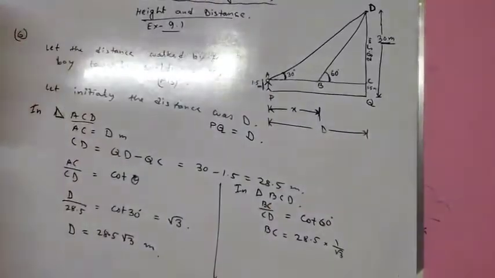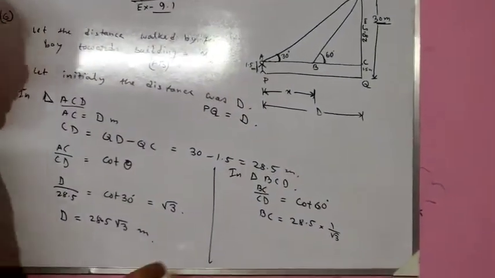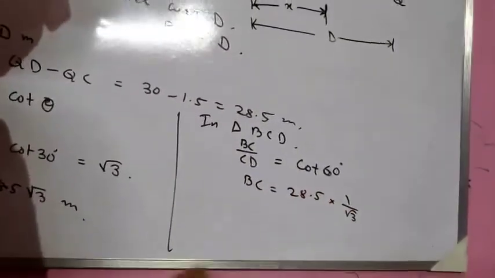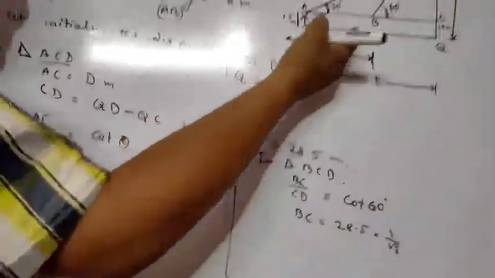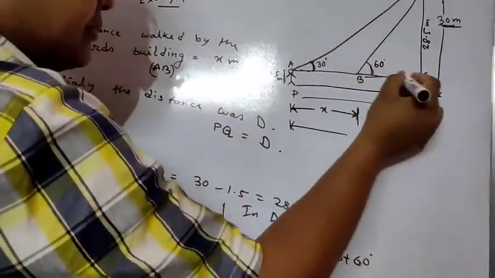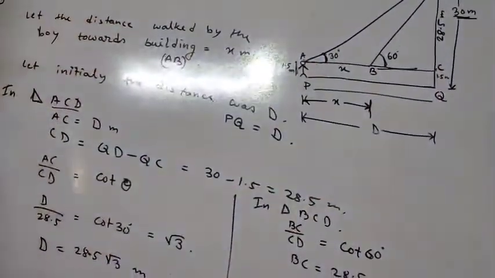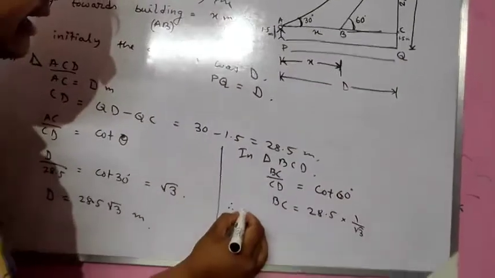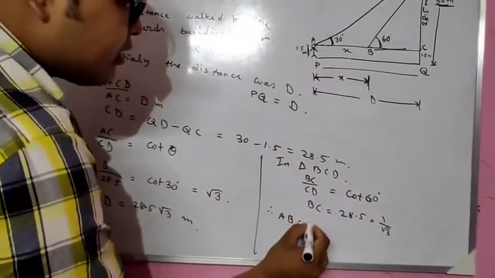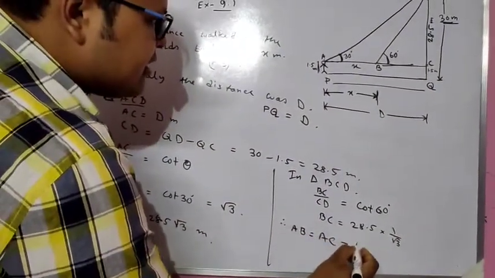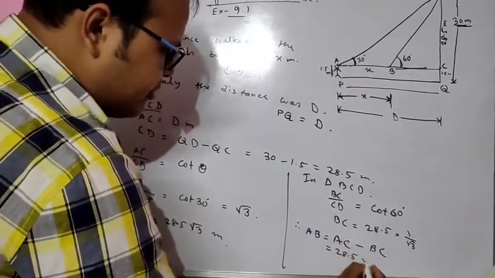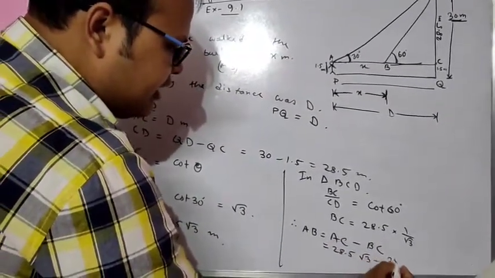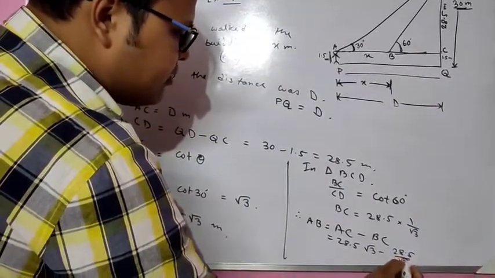Here cot 60 and tan 30 degree have the same value. So 28.5 by root 3 is the value of BC. Now if we have this complete distance and this BC, we can definitely find this x. So AB equals AC minus BC, and that is 28.5 root 3 minus 28.5 by root 3.